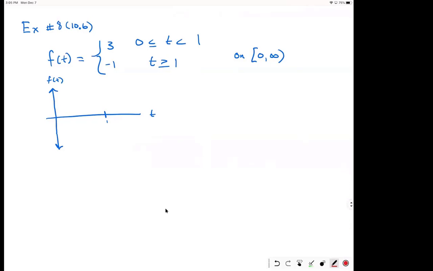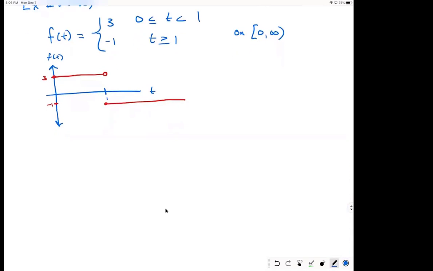And then from 0 to 1, the output's going to be 3. And then from that point on, I'm down here at negative 1. And when t is bigger than or equal to 1, I have this negative 1 output. So that's what my picture looks like.